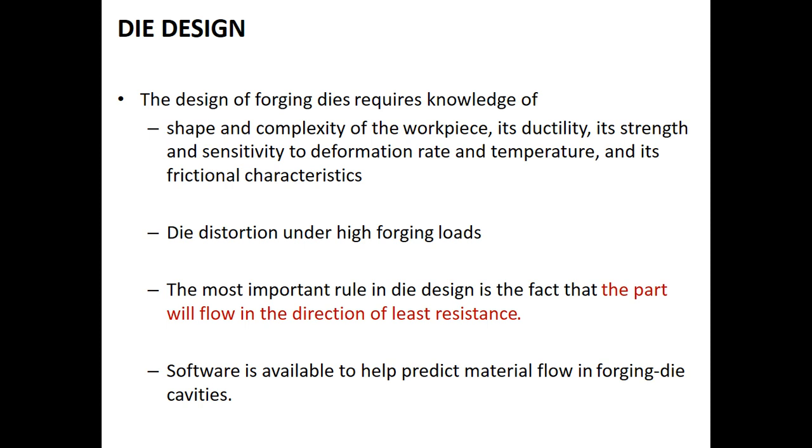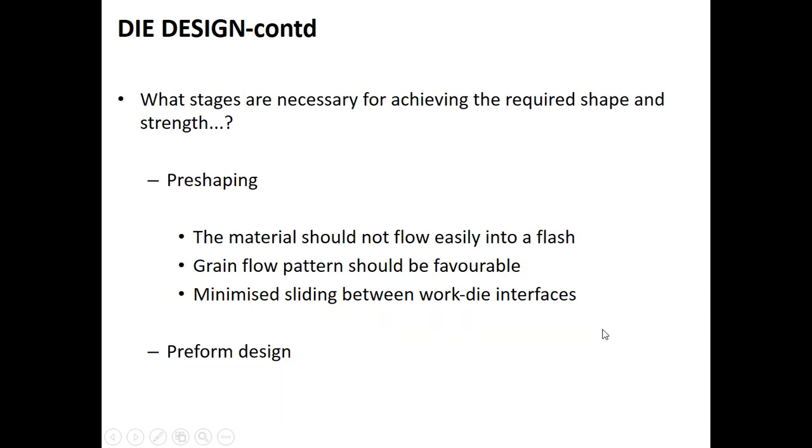You can also make use of simulation software in order to predict the material flow in forging die cavities. That's one of the main steps in a die design, what stages are necessary for achieving the required shape and strength.